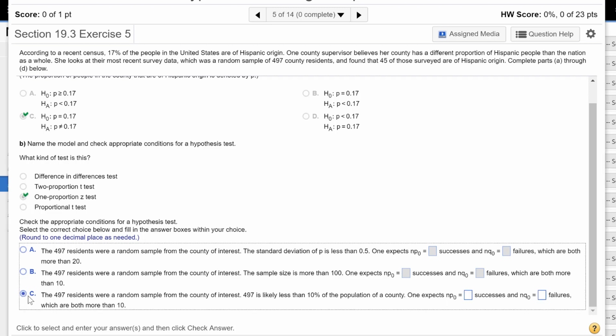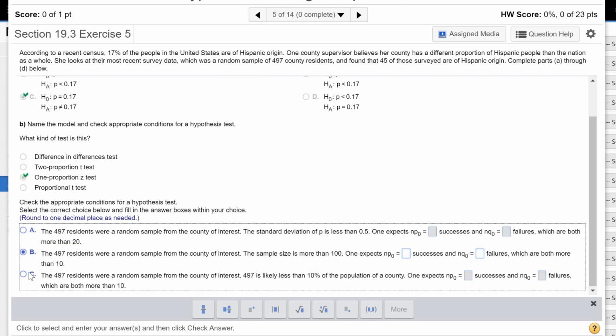Now we got to fill in. So N times P naught, so the P naught is that 0.17. So N, which is 497 times 0.17. Whoop, I'm marking actually the wrong one. C. N times, so this was 497 times 0.17. And it wants us to round this to 1 decimal place right here.